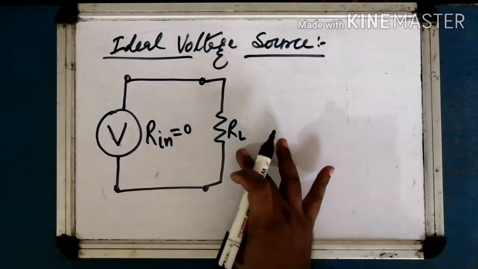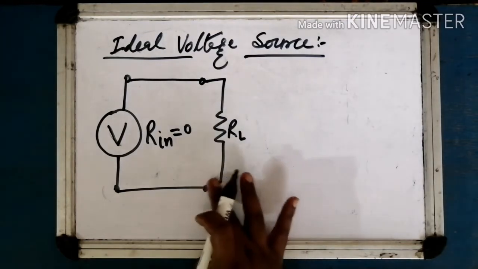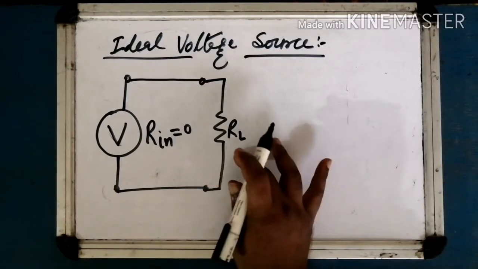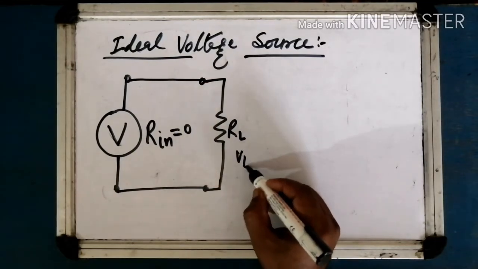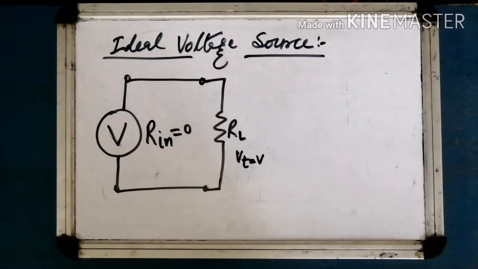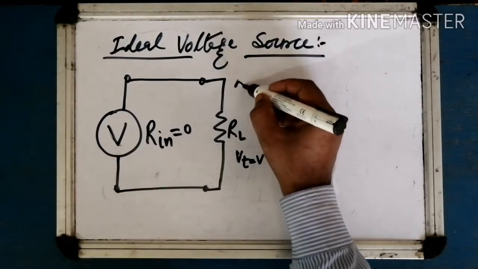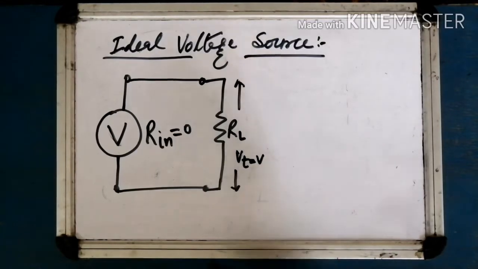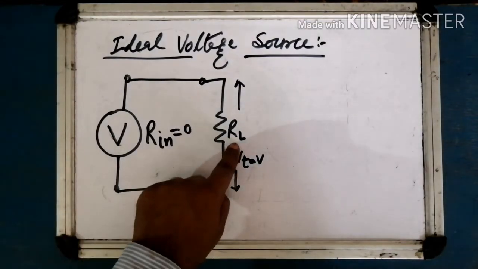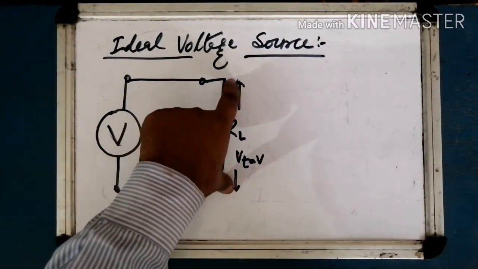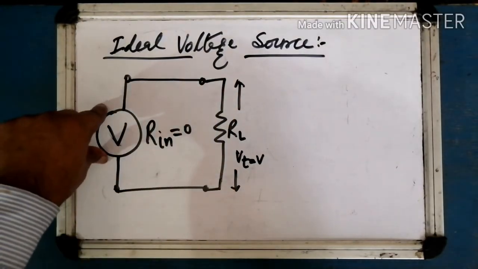Whatever the value of the load resistance, the terminal voltage remains constant, which is equal to the voltage of source. This one is the terminal voltage, right? Whatever the value of load resistance, the terminal voltage remains constant as the value of the source voltage.